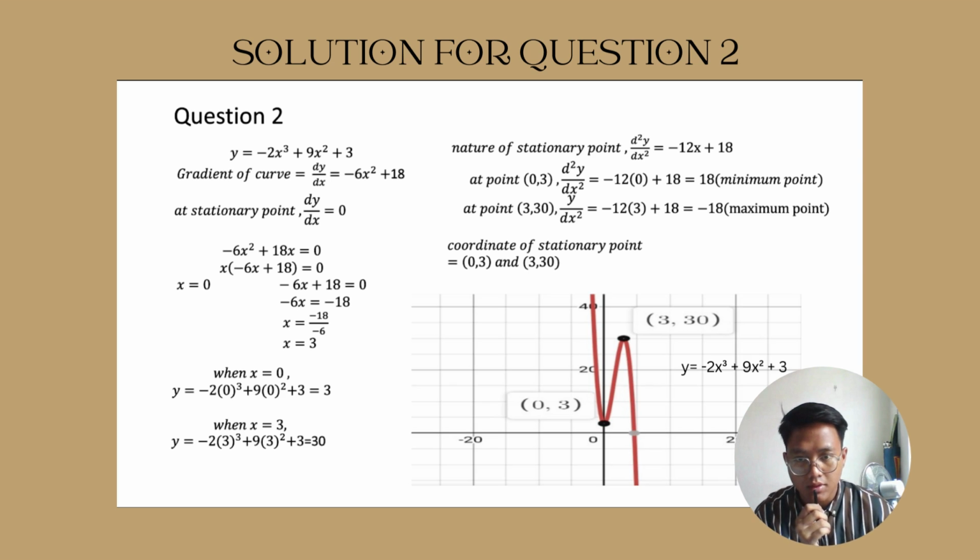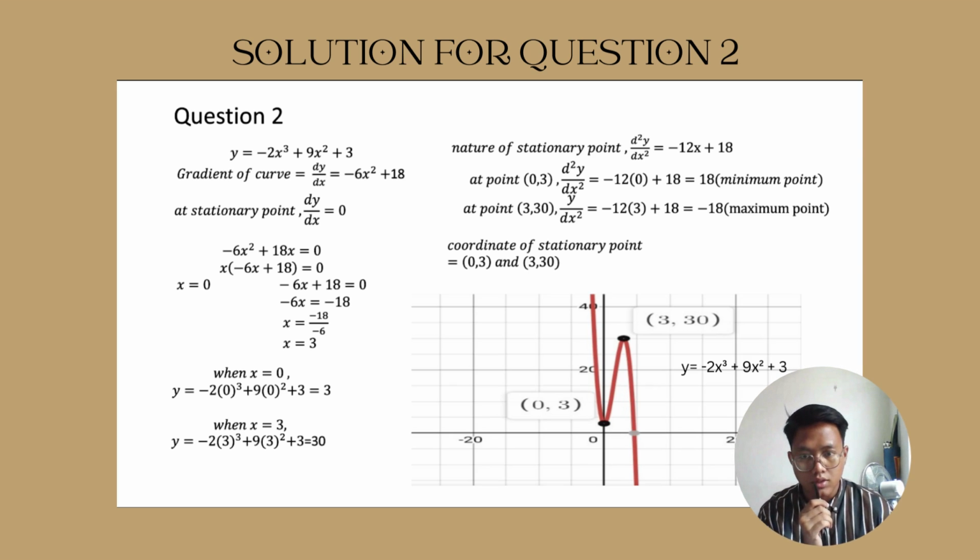Okay, the next step is you must substitute the value of x in the first equation and you can get y equal to negative 2 times 0 cubed plus 9 times 0 squared plus 3, and you can get y equal to 3.